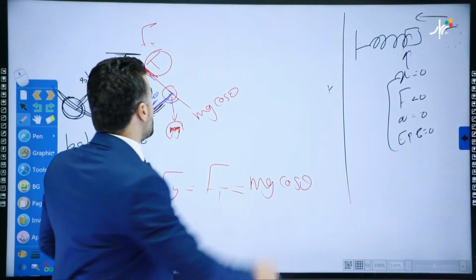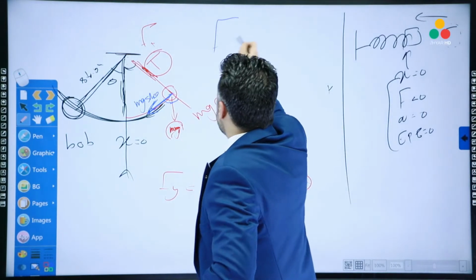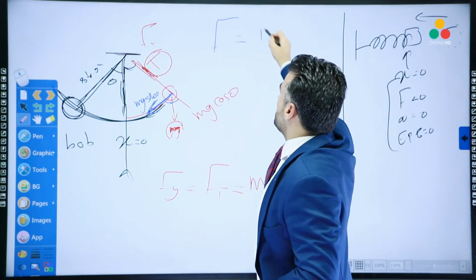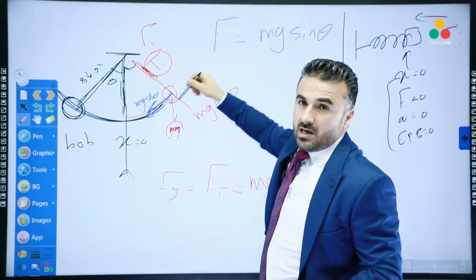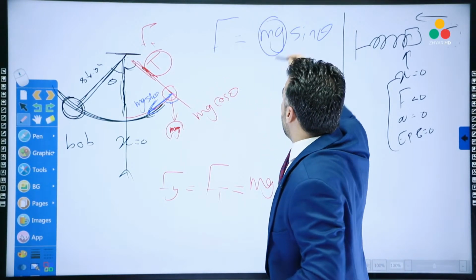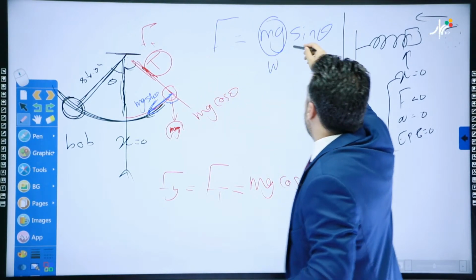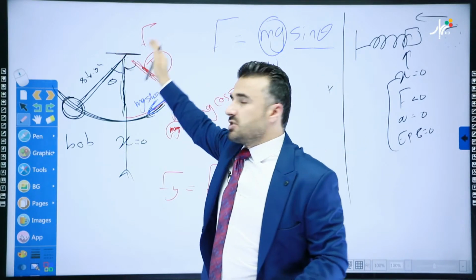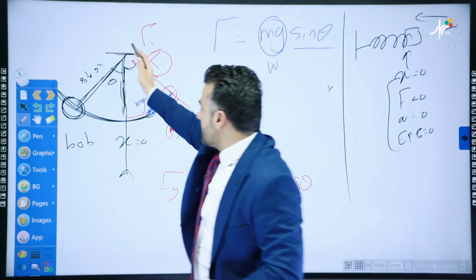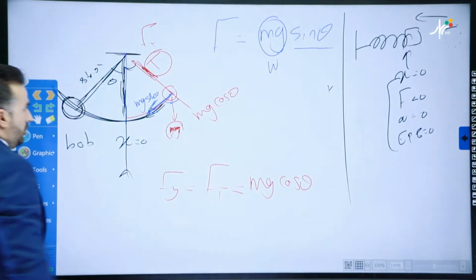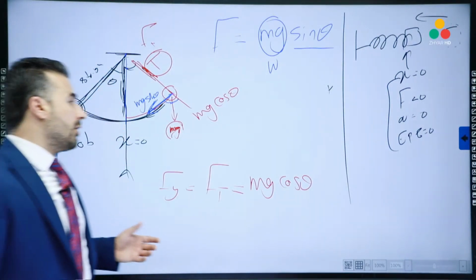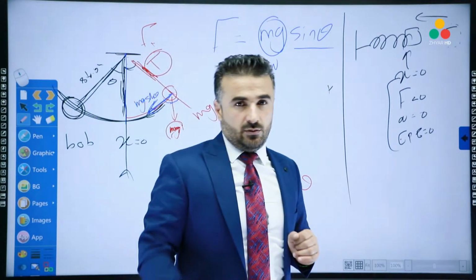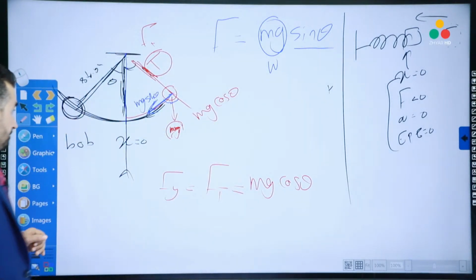So the restoring force in a pendulum is equal to mg times sine of the angle theta. Remember, mg is the weight of the mass, and theta is the angle the string makes with the vertical line, or the equilibrium position.